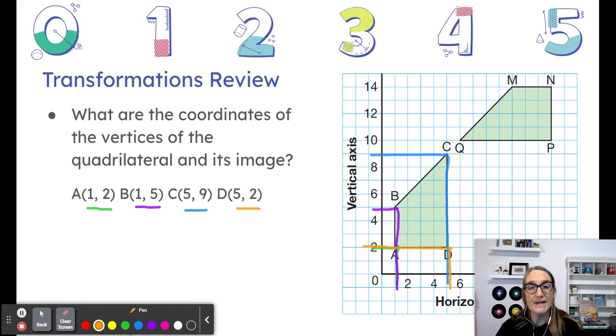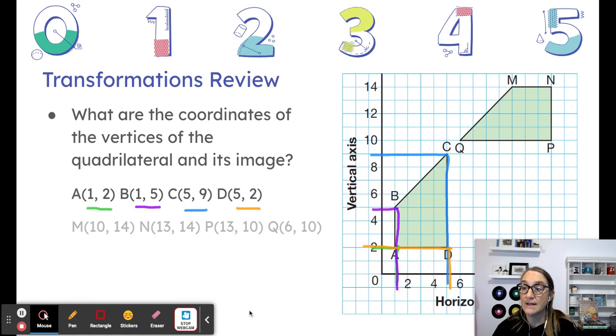Now we'll repeat the same thing in order to get the ordered pairs or coordinates for the image MNPQ. Point M is at 10, 14, N is at 13, 14, P is at 13, 10, and Q is at 6, 10.